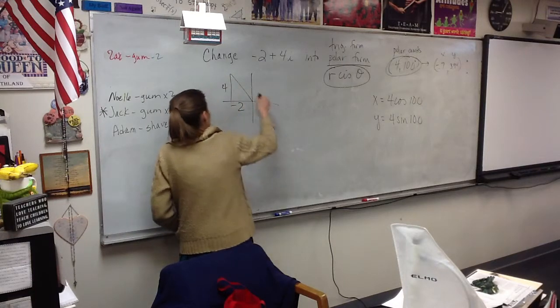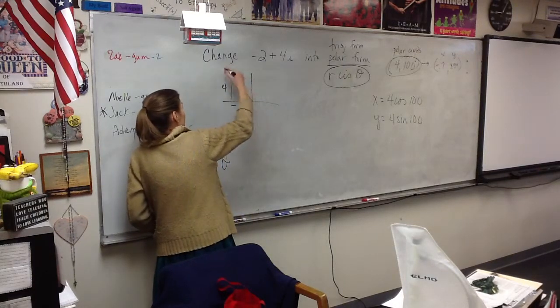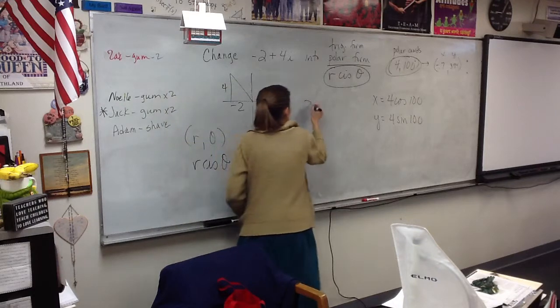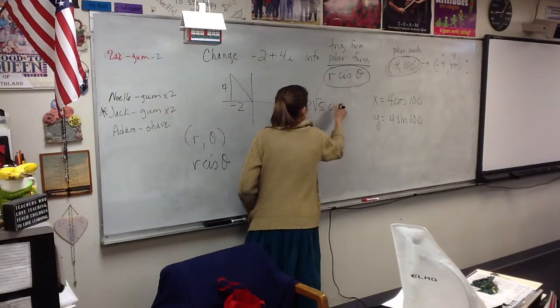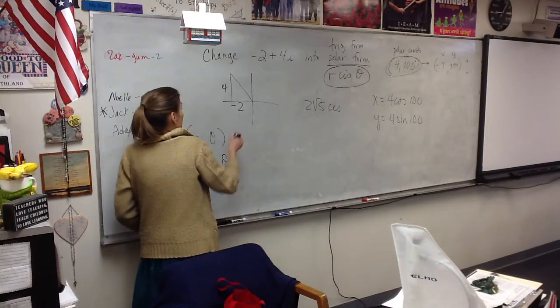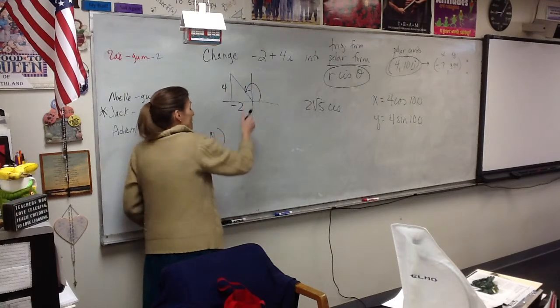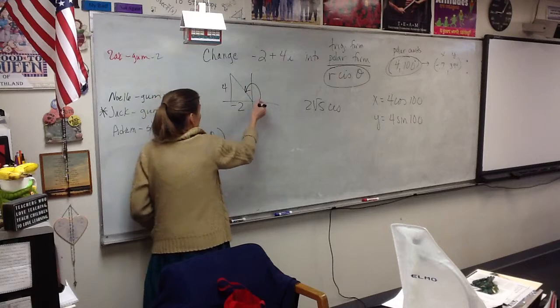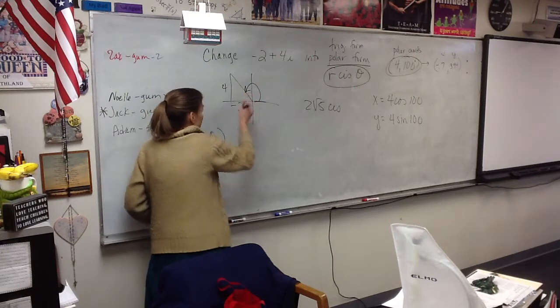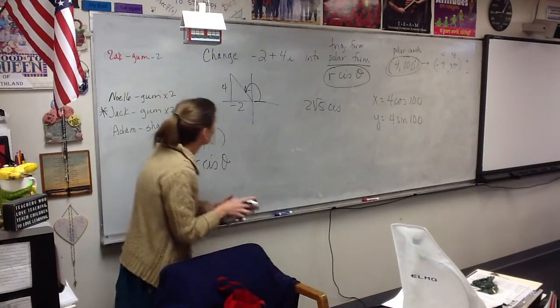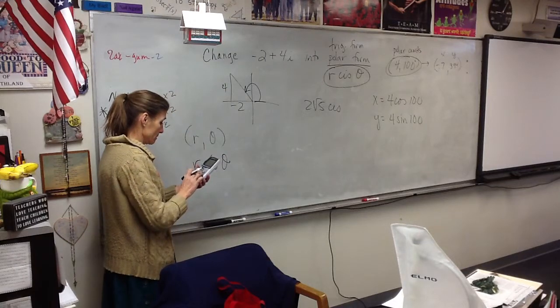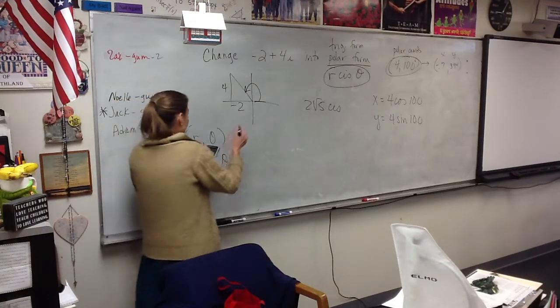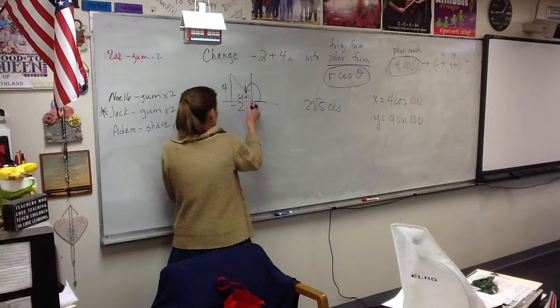On the angle. So my radius would be 2 root 5, root 20 or 2 root 5. And my angle, remember, that's always the one you want. This is always the angle starting here. But we'll find that one first. 63.4.